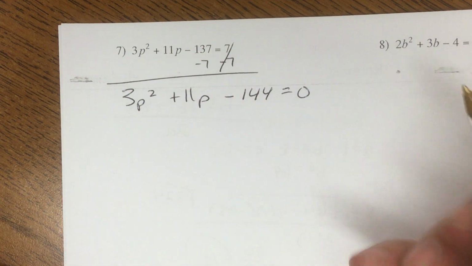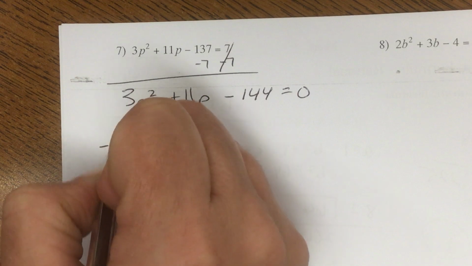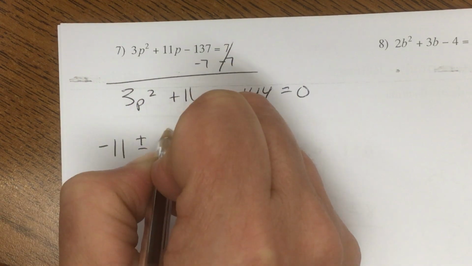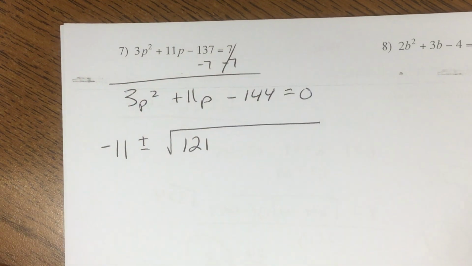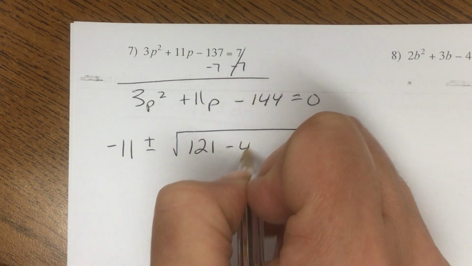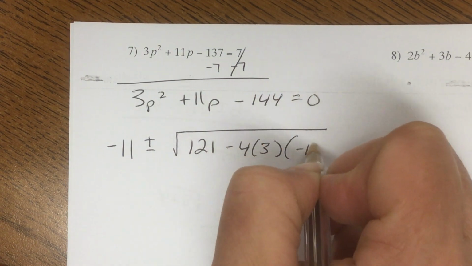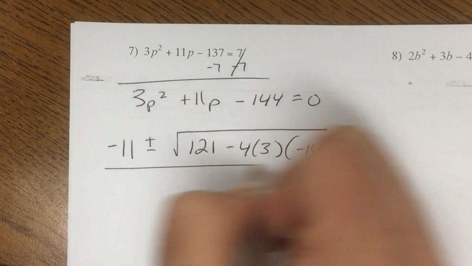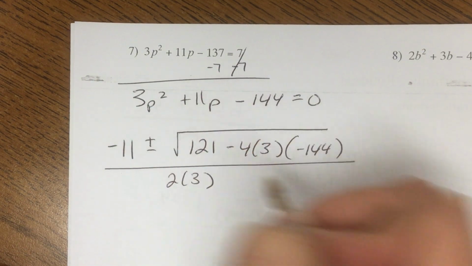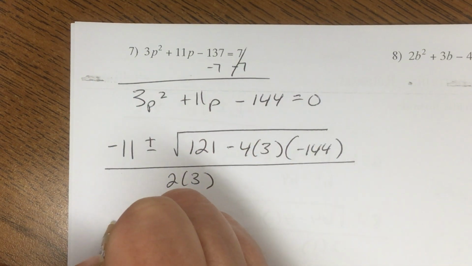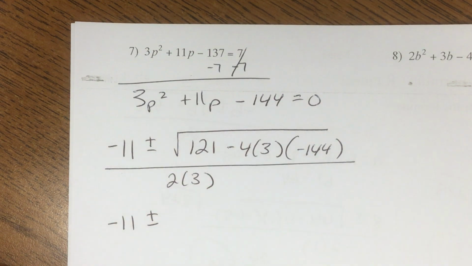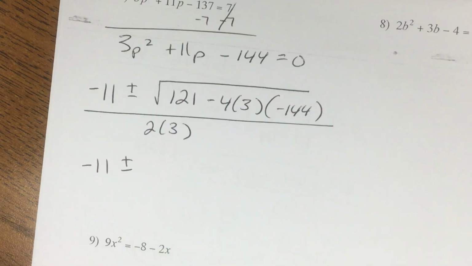You get negative 144. So the opposite of b, plus and minus radical b squared is 121 minus 4 times a times c all over 2a. So negative 11 plus and minus. Figure out what that number is.